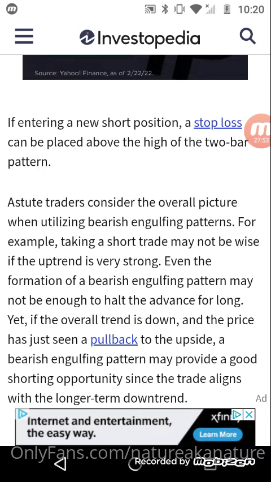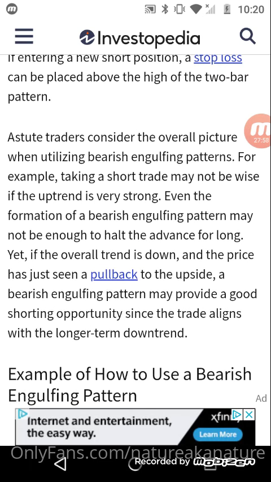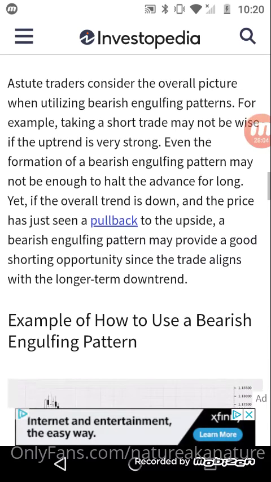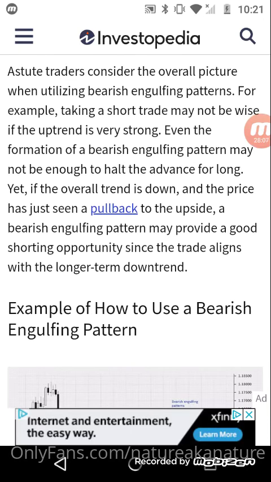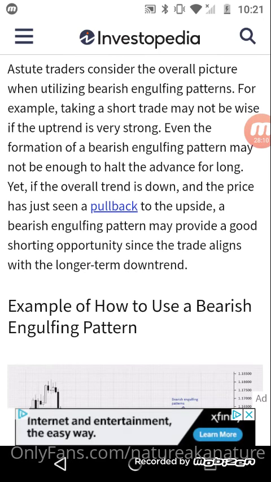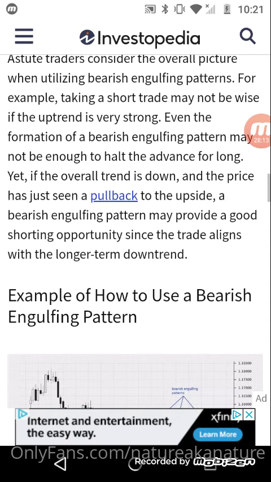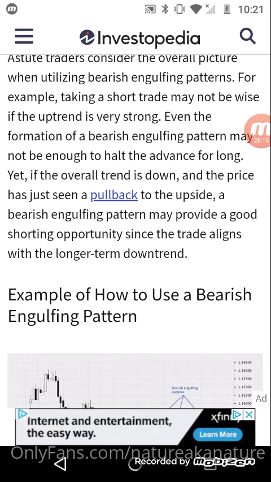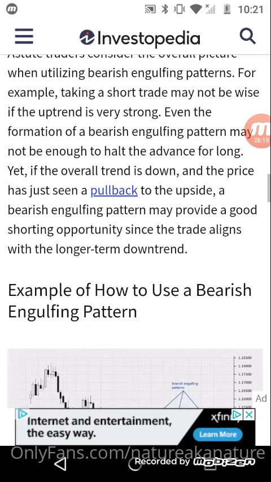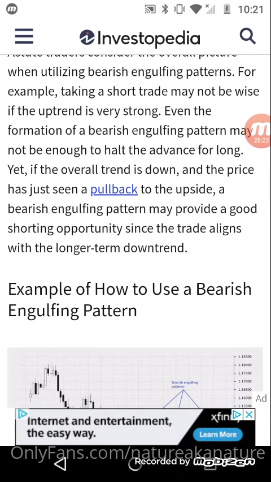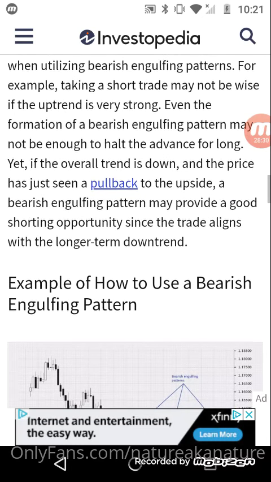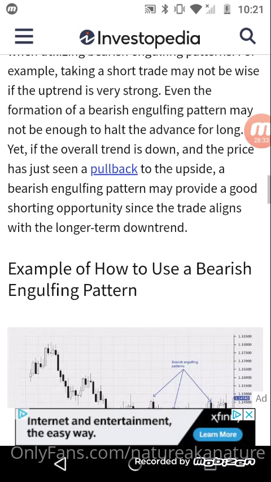Even if you see a formation of a bearish engulfing pattern, it may not be enough to halt the advance for a long position. But for a short position, if the overall trend is down and price has just seen a major pullback to the upside, then you see a bearish engulfing pattern, it may be a good chance to enter for short opportunities, since our overall trend is going down.